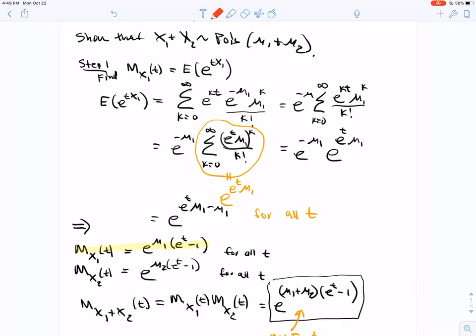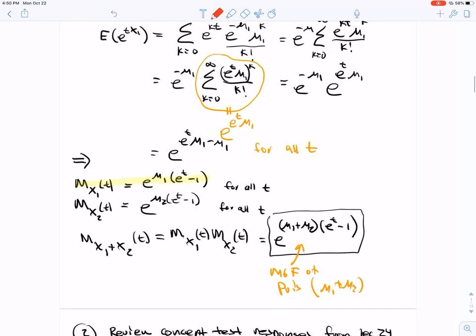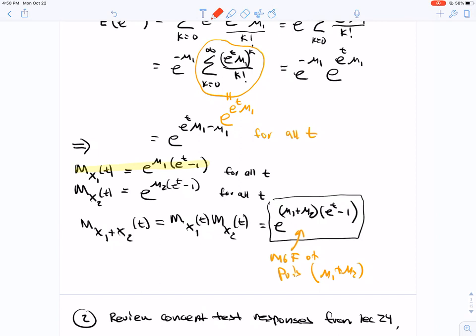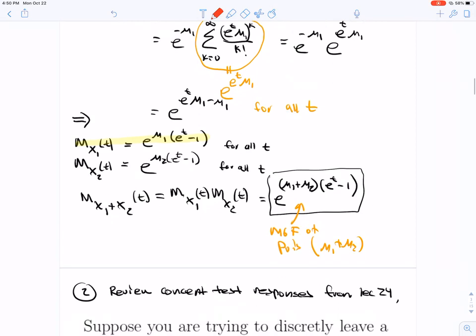So step one, you identify what the moment generating function is for Poisson, and you realize that it's exponential of e to the t mu1 minus mu1. And so you take two such moment generating functions, multiply them together, and you get e to the mu1 plus mu2, all under the exponential, times e to the t minus 1.